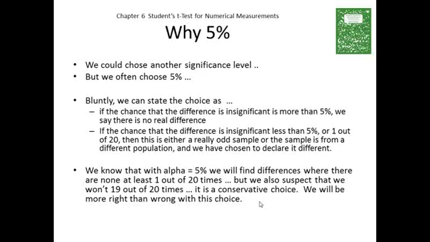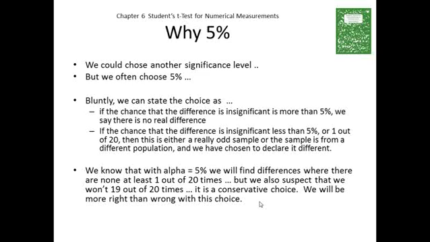What we're saying is if the chance that the difference is insignificant is more than 5%, we say there is no real difference. If the chance that the difference is insignificant is less than 5%, or less than 1 out of 20, then this is either a really, really odd sample, or the sample is from a different population. We've chosen to declare it different.